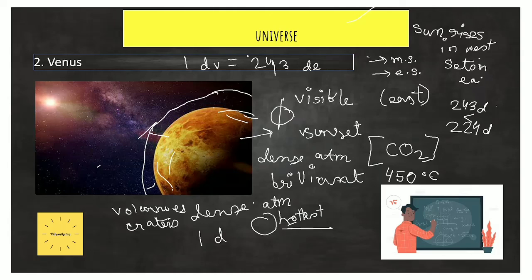Why is this so? Because Venus does not rotate from west to east. It rotates from east to west. Like the Earth rotates from west to east, but Venus rotates from east to west about its axis. That's why this happens. The sun rises in the west and sets in the east.